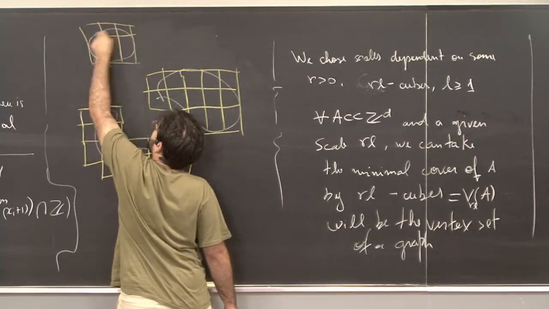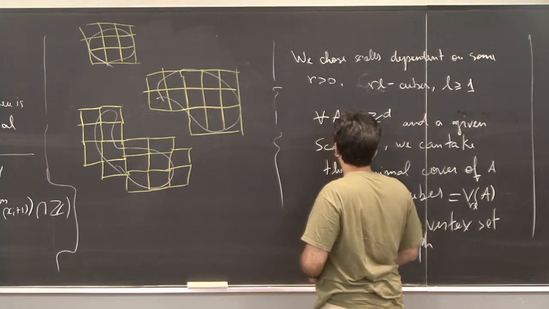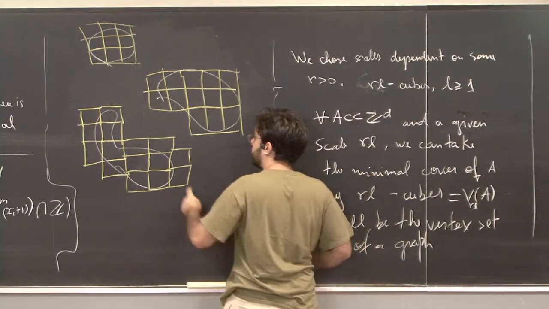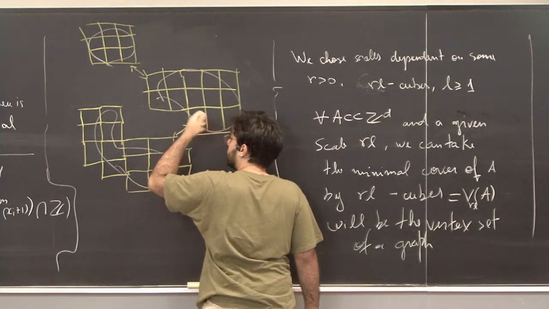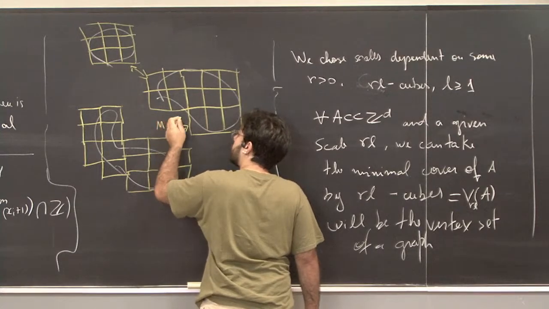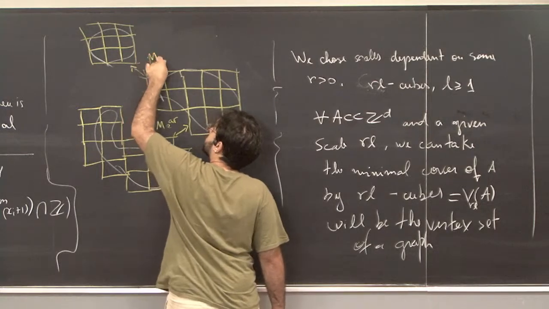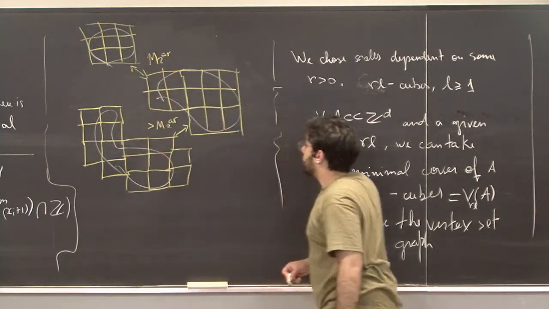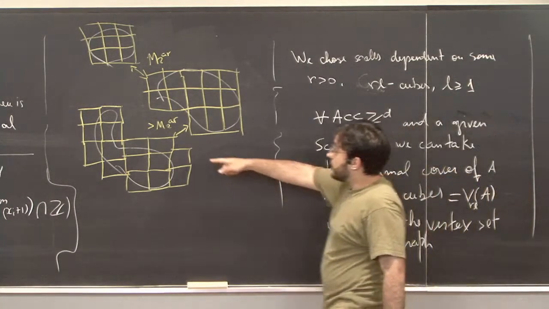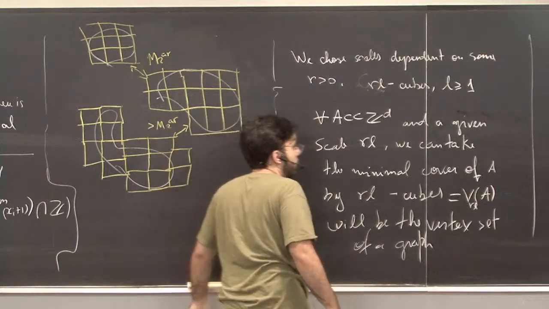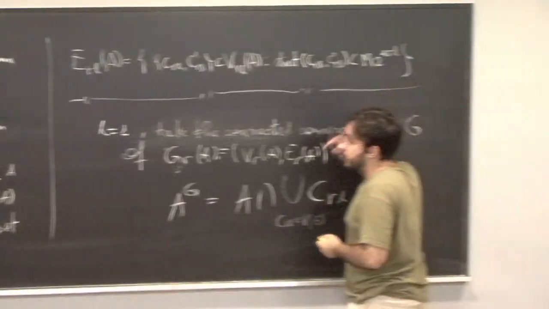Take a cover by cubes, okay, and suppose that these distances are very large, so these distances must be larger than M2A, so this is large to AR, R, okay, so what happens is that if these distances are large, so there is no edge. Since we made this rule, there is only an edge if the cubes are close.